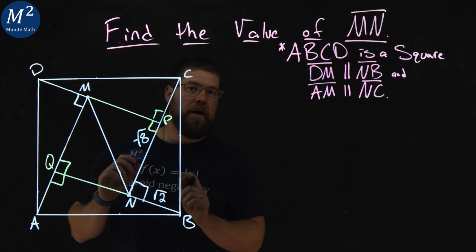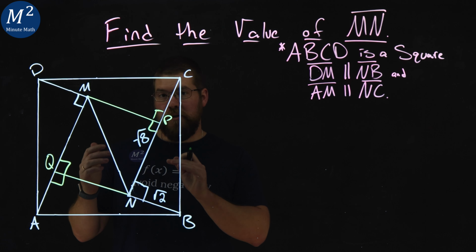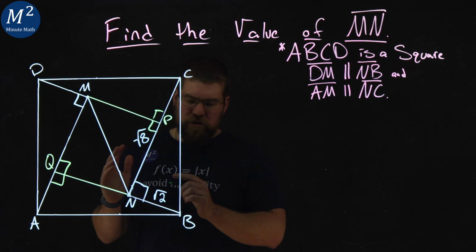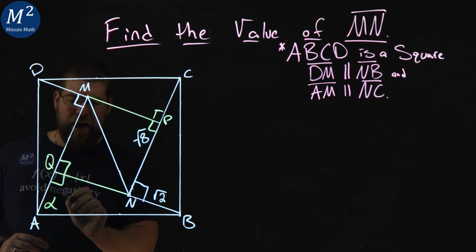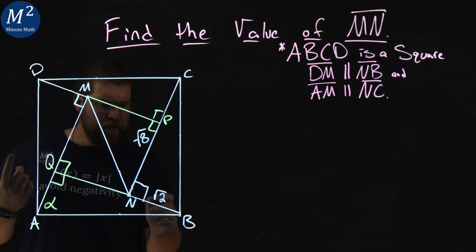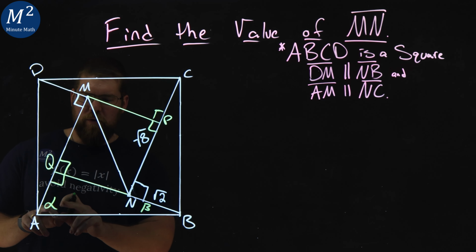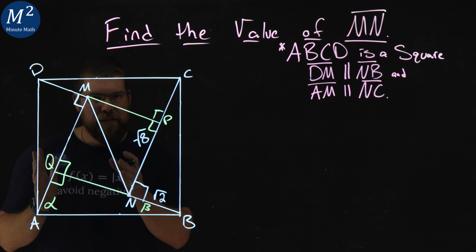And what we know about right triangles is their other two angles are what we call complementary angles, okay? So if I call this one right here, QAB, to be alpha, then its complementary angle will be beta. Whatever alpha and beta are, together they add up to 90 degrees inside of that triangle.